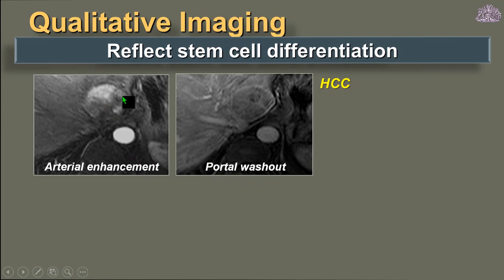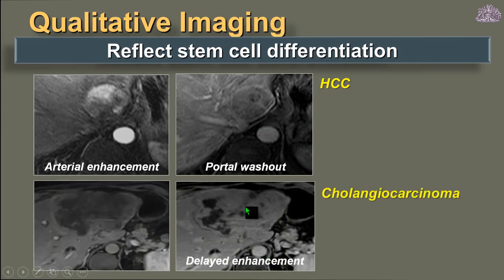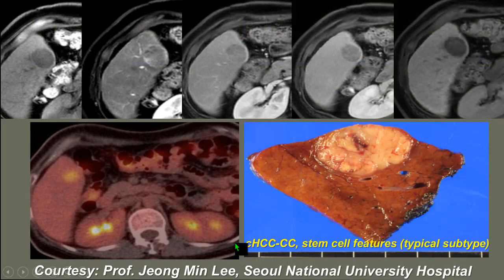HCC will typically show early arterial enhancement, followed by contrast washout, compared with cholangiocarcinoma, which tends to show rim enhancement in the arterial phase, but is characterized by delayed progressive enhancement. But then there is an entity, a cholangiocarcinoma that contains both elements, and this results in somewhat of a hybrid feature.